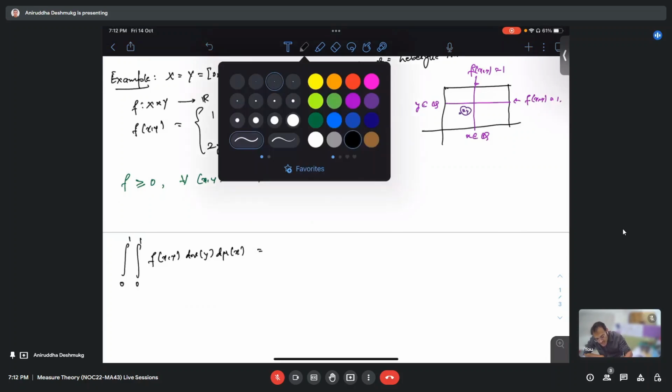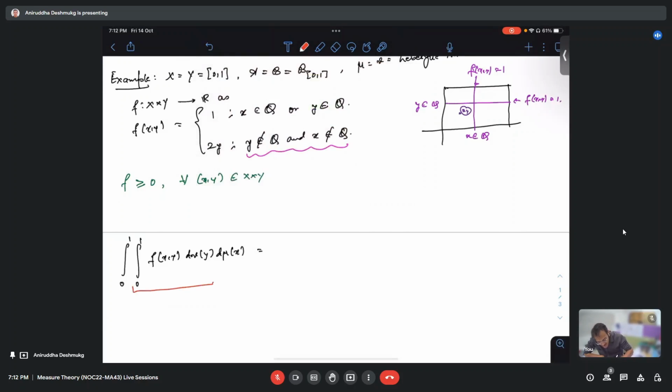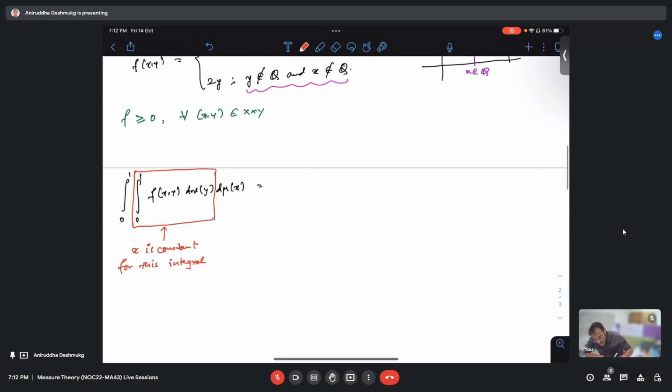In the inner integral, x is constant for this integral. And there are only two possibilities for this x: either x is a rational number or x is an irrational number, and both things cannot hold together, because an element cannot be inside the set and outside the set together.